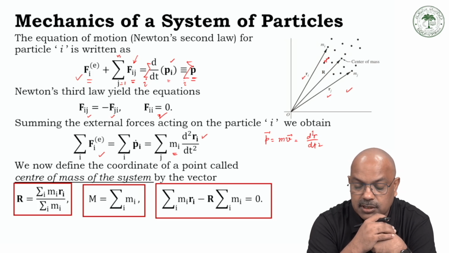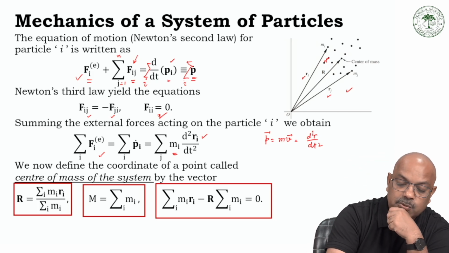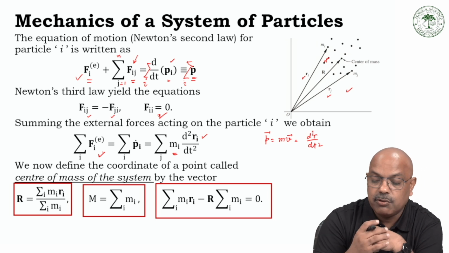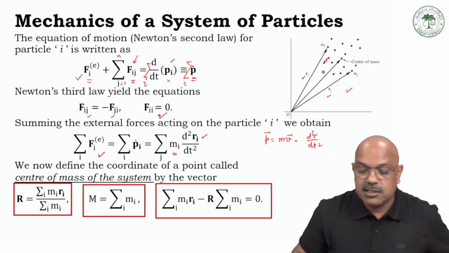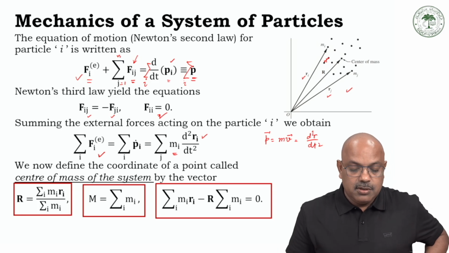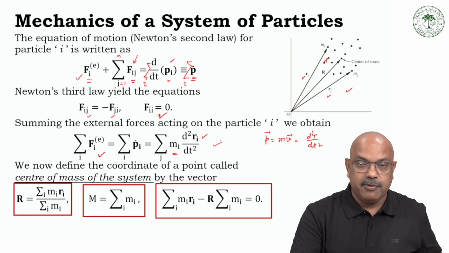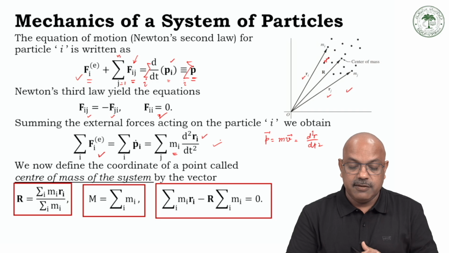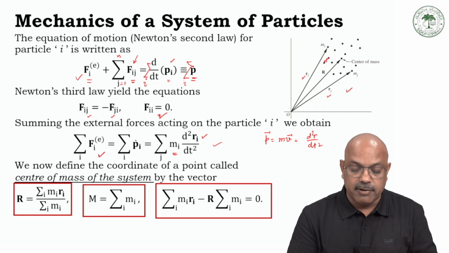The total force acting on this particle is going to be the mass times d²ri upon dt². This is what we have from Newton's third law perspective: second order differential equations.